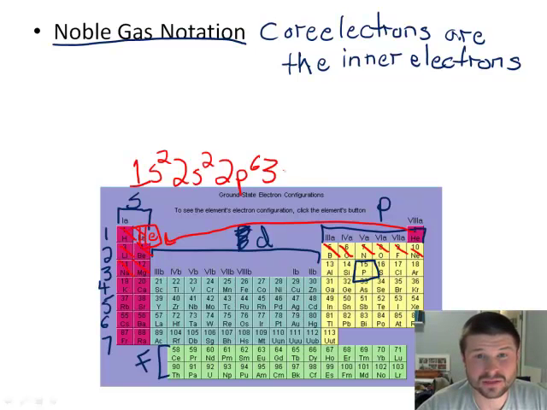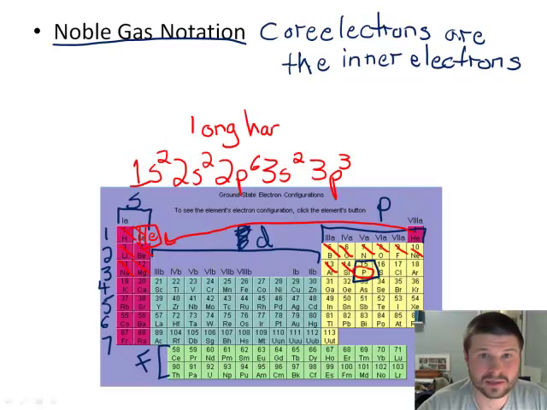I fill 3s with 2, and then 3p with 1, 2, and 3. So I have 3p3. The reason I didn't put 6 there is because I stopped at phosphorus. I didn't need to fill it all the way with 6. So that's my longhand notation.